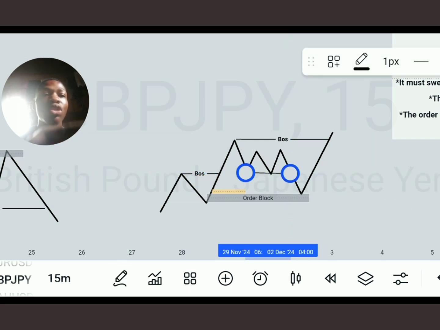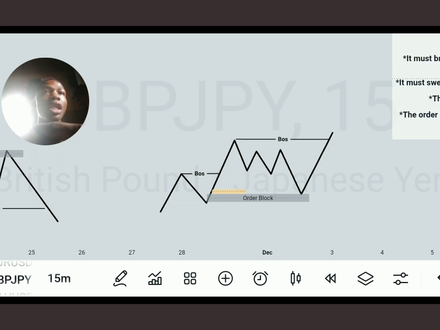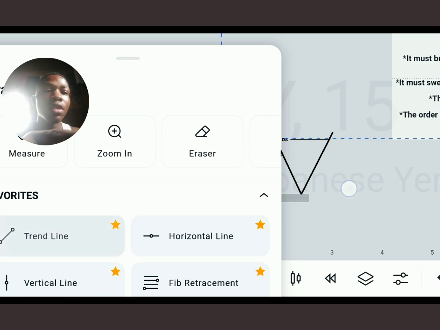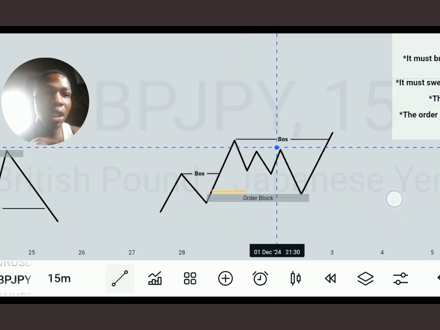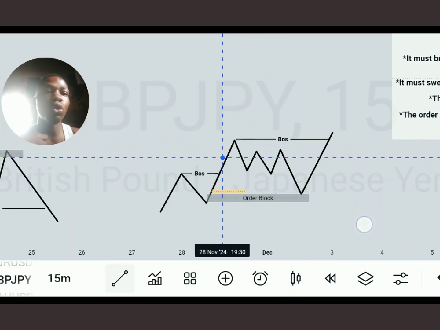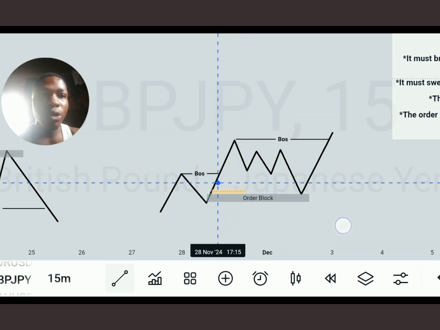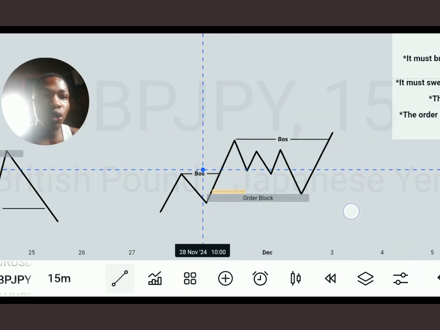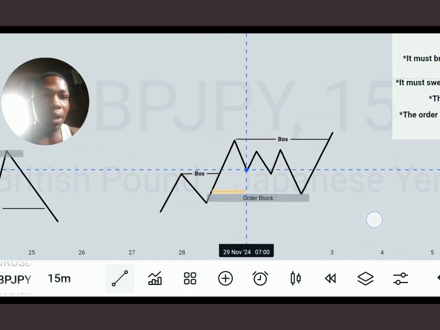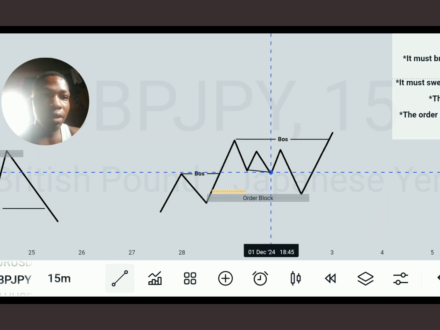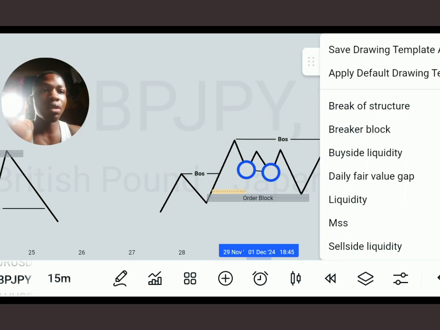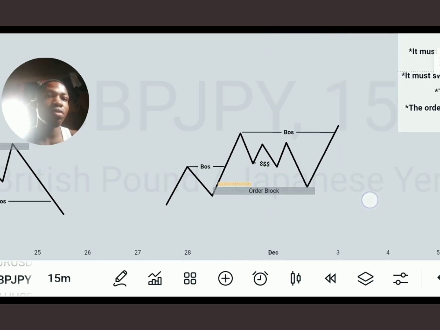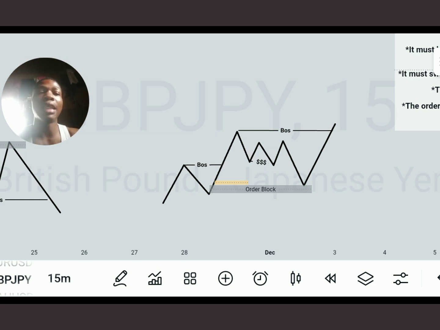So anything that is consolidating and later broken is a sweep of liquidity, and any swing point is liquidity. There is a swing point here, here, and here. So this is a sweep of liquidity. That's why we mark out here as our liquidity.